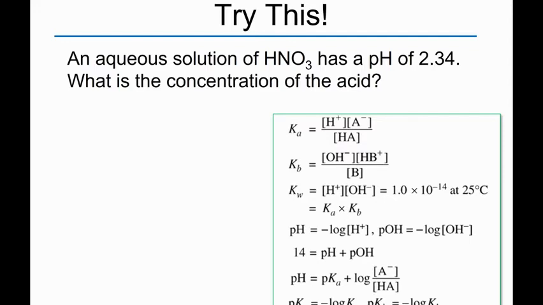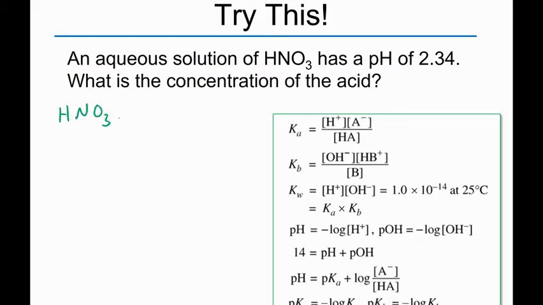So here's a typical question. An aqueous solution of nitric acid has a pH of 2.34. What is the concentration of the acid? Let's write out what this looks like when it dissociates.